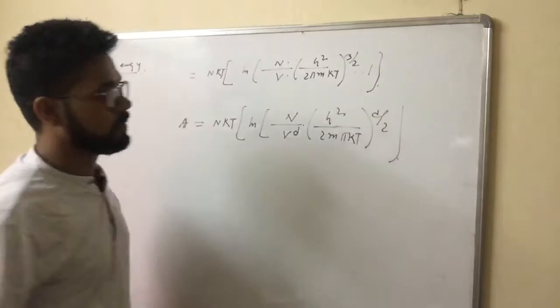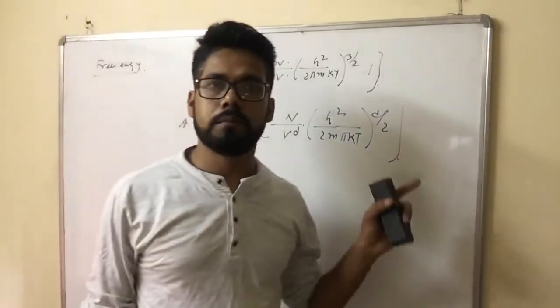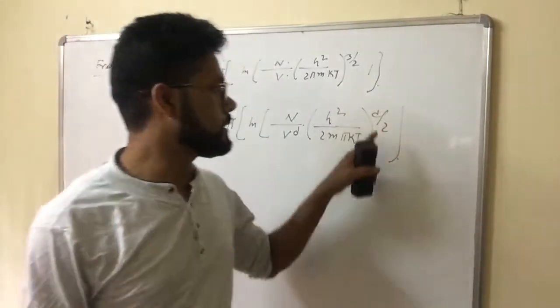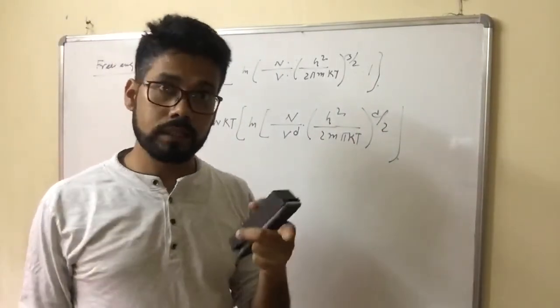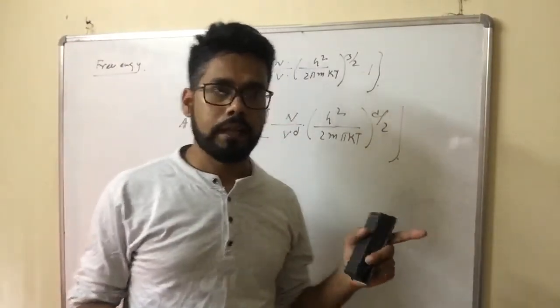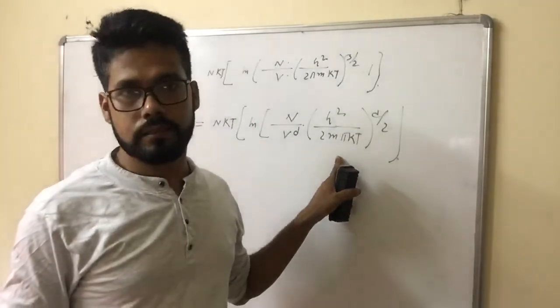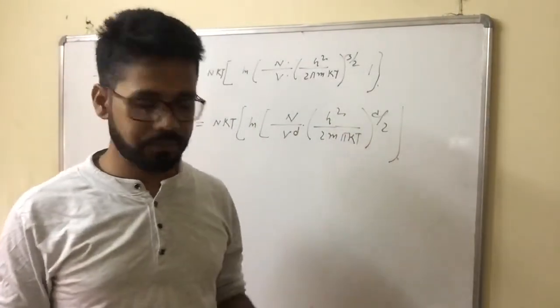This is the general formula for d dimension. If d equal to 2, then it will be 2 dimensions, d equal to 1, it will be 1 dimension. One thing you can do, do the calculation for 2 dimensions separately and match the derived answer with the result obtained from the general formula.